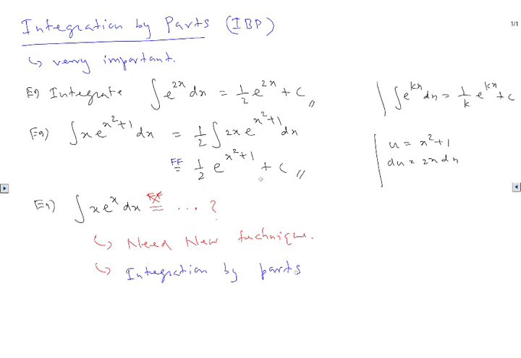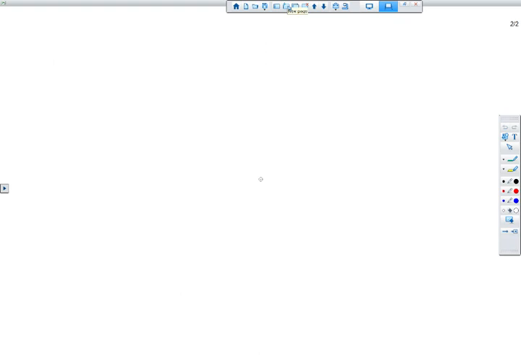Okay, so let's look at the product rule and try to derive the IBP formula, the integration by parts formula. So what do you do? Let's say you have two differentiable functions, and we consider the product of them.